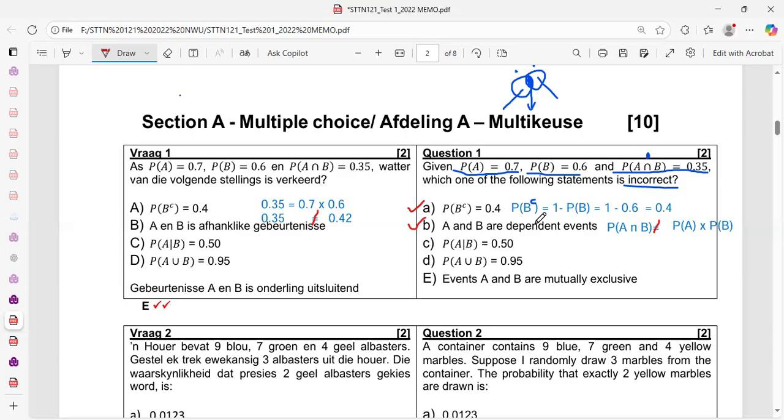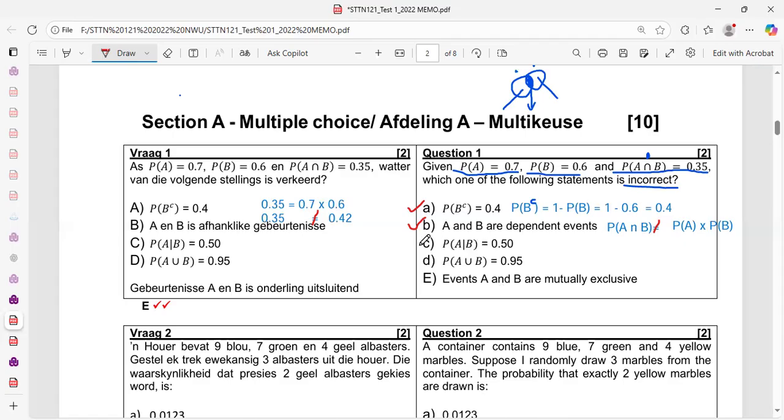Okay, and then what's the other one? Option C, we're dealing with conditional probability. So with conditional probability, this is what you do, guys. They say the probability of A given B means the probability of A occurring given that B has occurred.